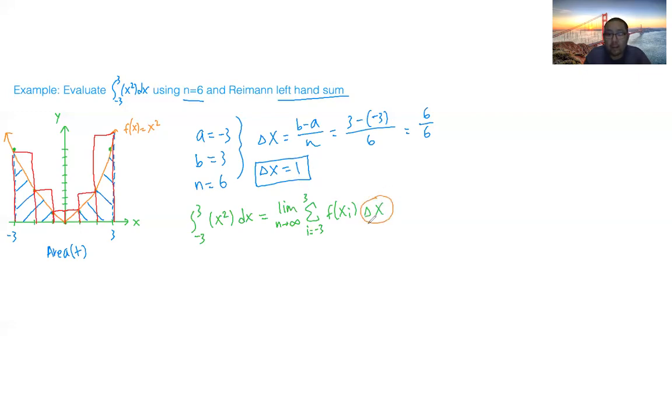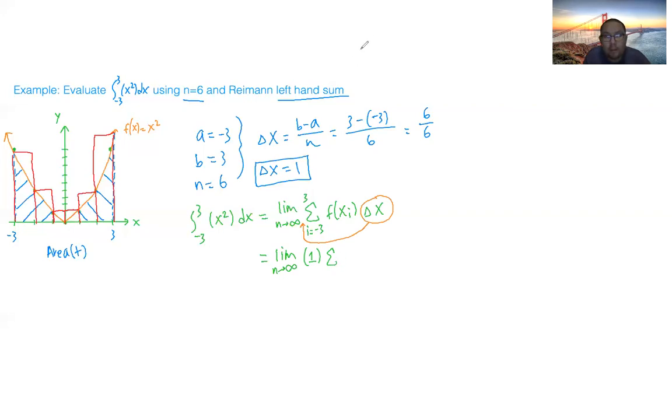This is a constant. So just like in a derivative, move that constant out in front of that sigma and just multiply it back later. With that, we can rewrite the right-hand side as the limit as n approaches infinity of 1, because that's what delta x is, multiplied by the summation.